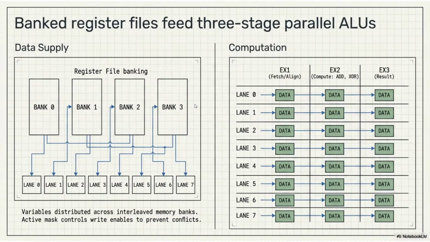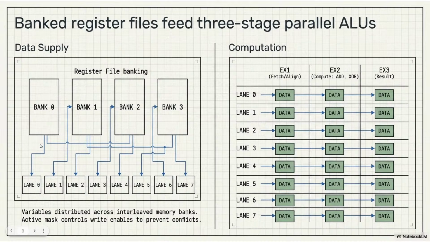If you see on the left side, this is a whole register file. If you combine bank 0, bank 1, bank 2, and bank 3, this is a complete register file. But you divide it into different banks or portions, and then each portion is assigned to, for example, one lane.